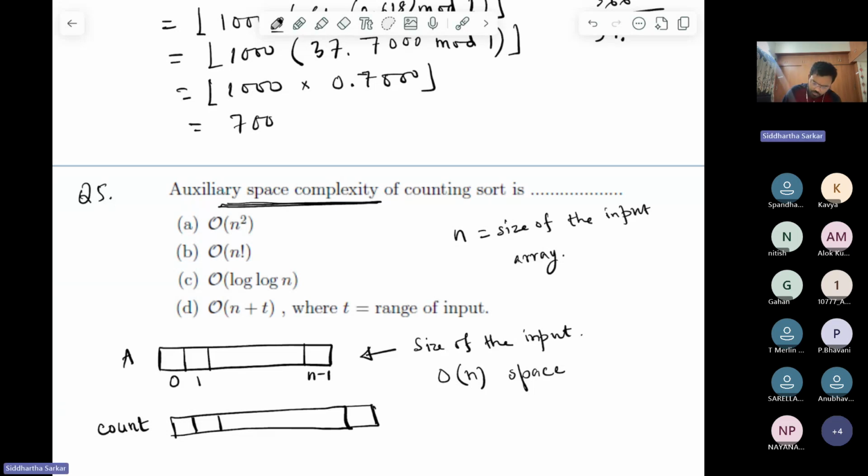So what is the range of the input? The largest T is the largest number in the input array.